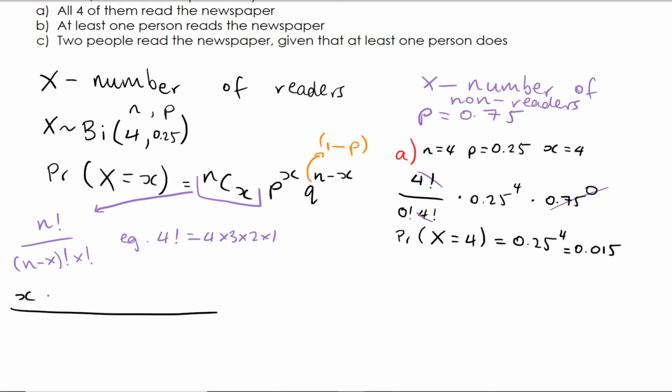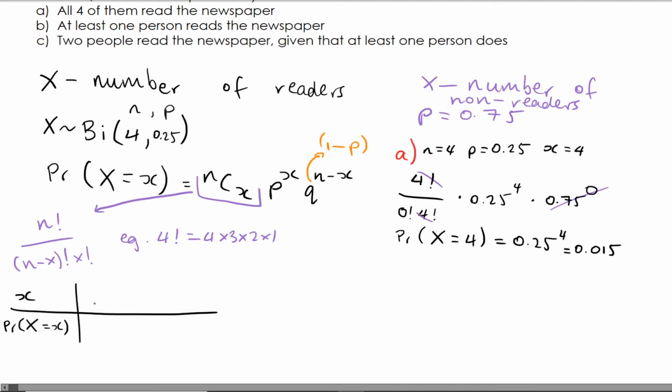Now for parts B and C, I'm going to quickly draw up a table. I've got x, and down here I've got the probability that X equals x. x can be 0, 1, 2, 3, or 4. We already know the probability that it's 4.